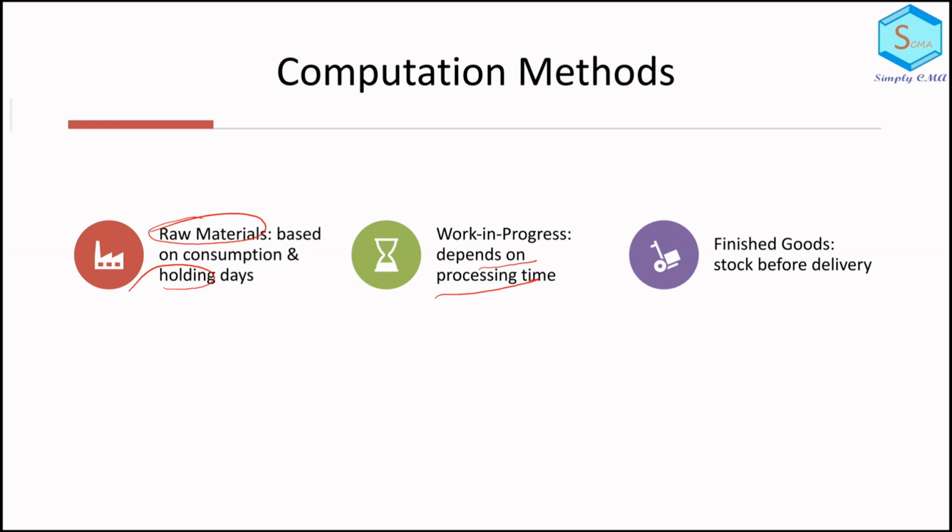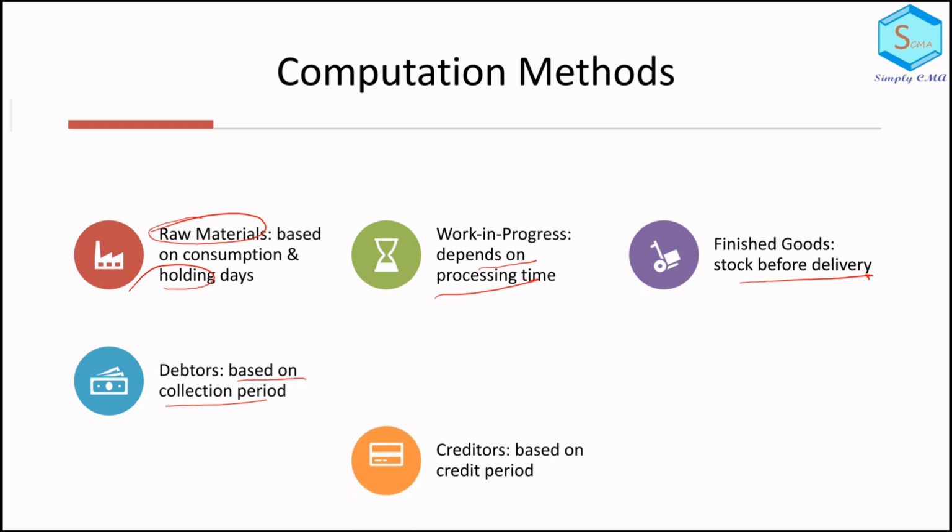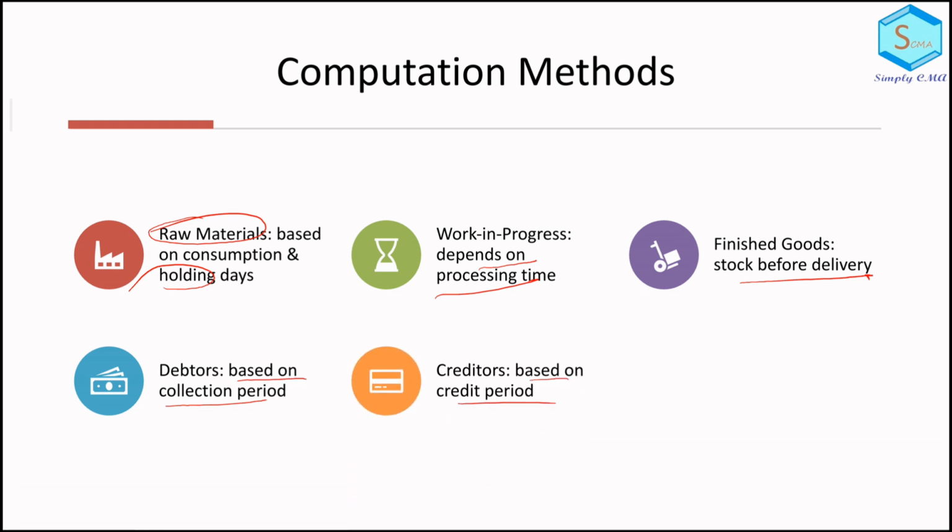Then finished goods: stock before delivery, meaning whenever delivery is required, then only stock. Debtors are based on the collection period. Then creditors are based on the credit period. Then overheads, based on the time allowed for payment, within how much time the payment has to be made.